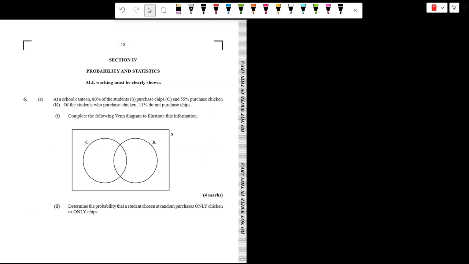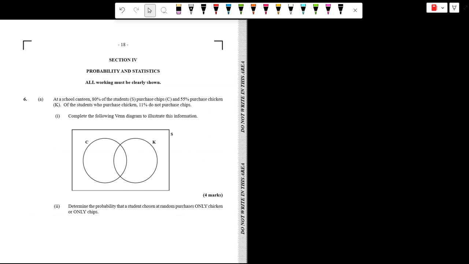So this is read P of A given B, which of course is interpreted as the probability of A occurring given that B has already occurred. And there's a formula for working this out. Let me just clear my screen. So how do we calculate this probability? Now, the formula is this.